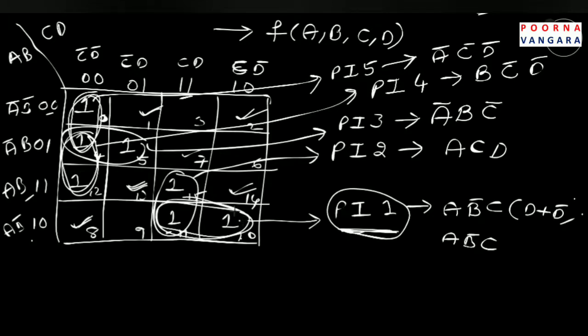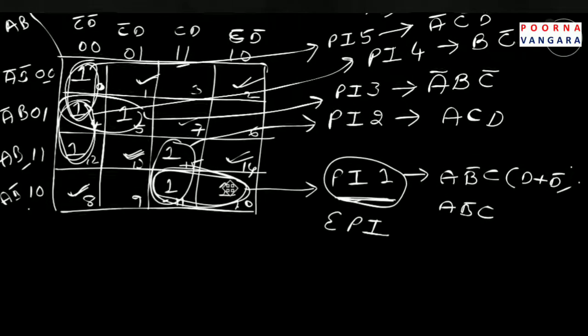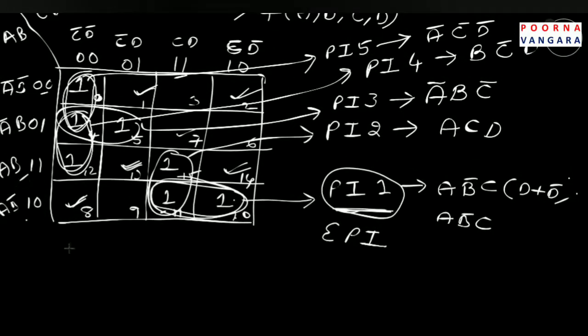Cell number 10 has a 1, and this 1 is not part of any other prime implicant. So prime implicant 1 is an essential prime implicant. In the same way all these prime implicants are essential, so you need to include all of them in the final minimized expression.